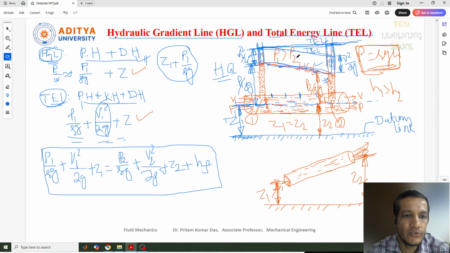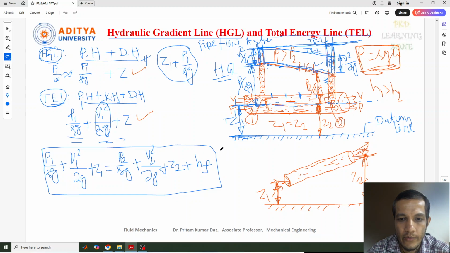Now the question is, why is it important? As I told you, this is required for pipe flow analysis. Apart from that, what other things can we identify from here?